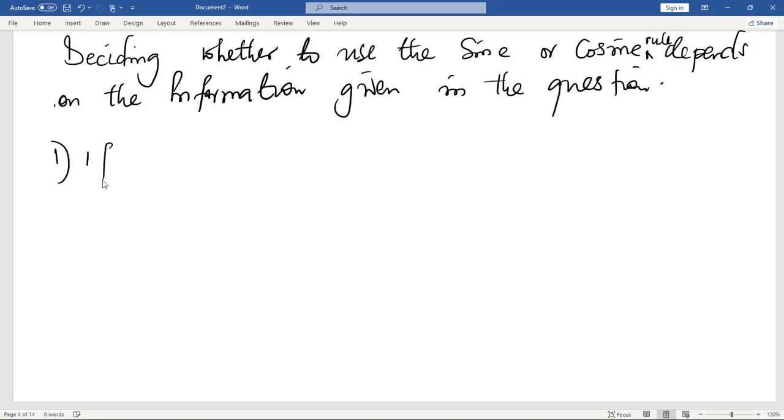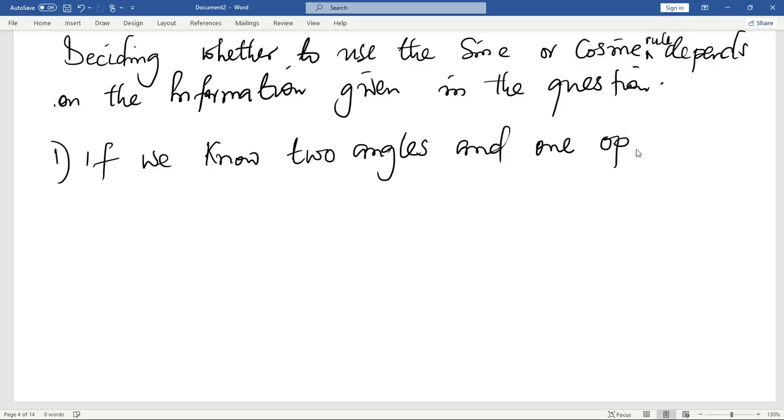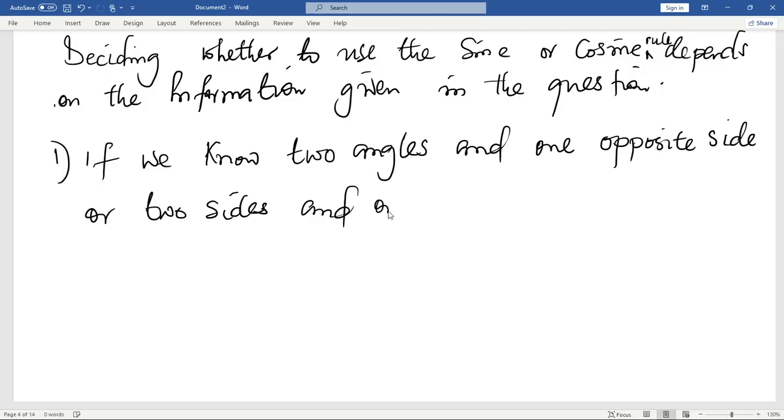So we're saying if we know two angles and one opposite side, or we have two sides and one of their opposite angles, we use the sine rule.